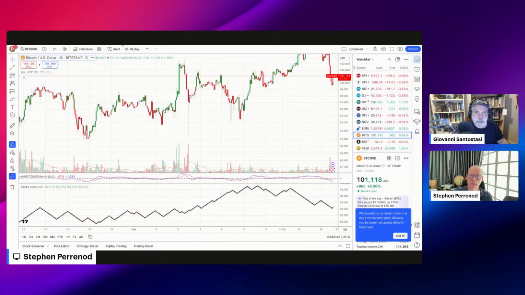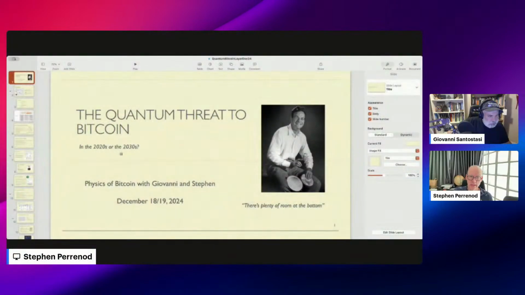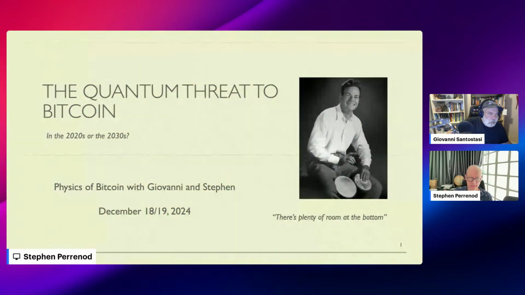Let's see. Try again. Window. Here's what we want. Okay, let me activate. Okay, perfect. Let's go full screen on that. You want to go full screen? Okay. How is that? Looks good.